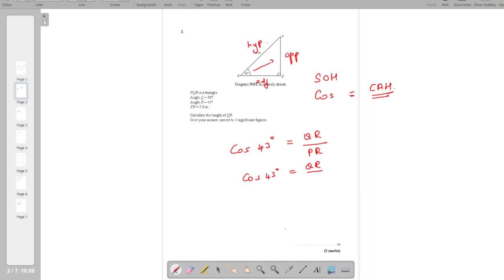PR we know it is 5.8. Therefore QR would be, you cross multiply, 5.8 times cos 43. That will give you 4.24185. We want to have it in 3 significant figures, 4.24 meters.